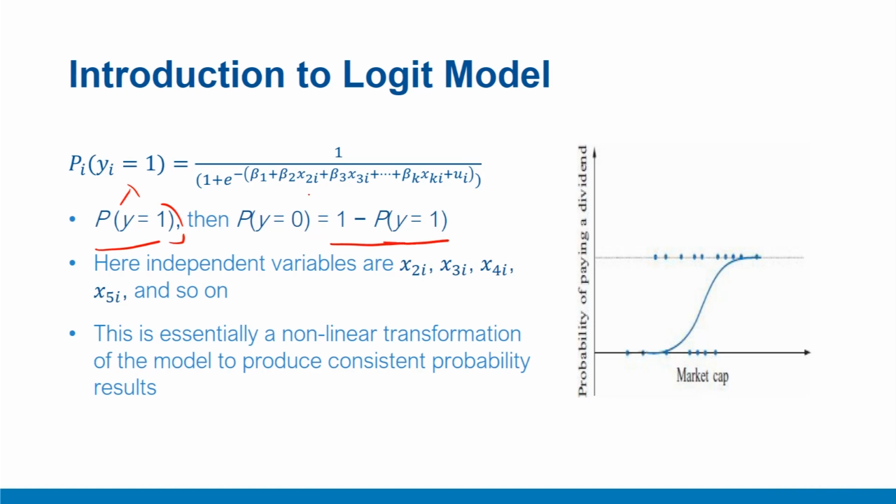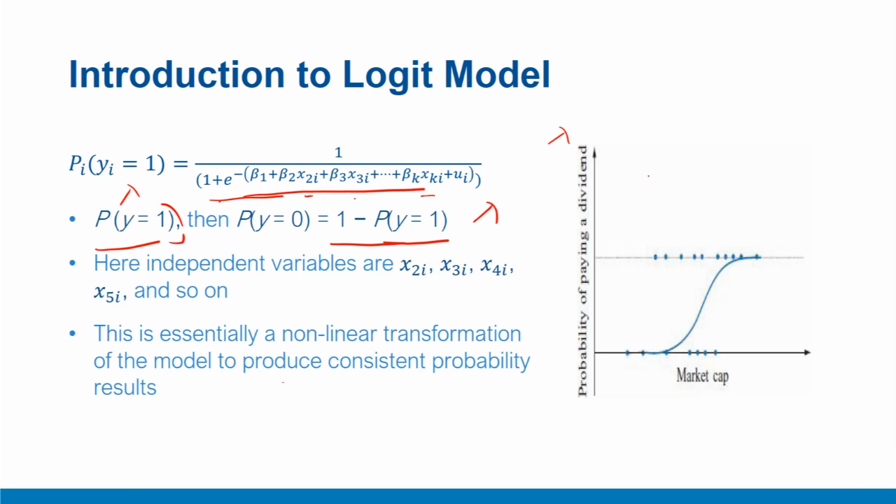Here, x2, x3, and xk and so on are our explanatory variables. And essentially, this is a non-linear transformation of the model to produce probability-consistent results. So that means we are transforming our model, which was originally the linear probability model, into a non-linear model, which provides us with probability-consistent results.